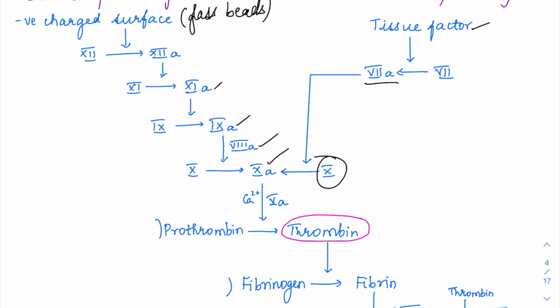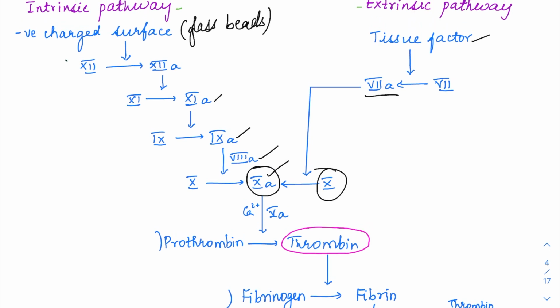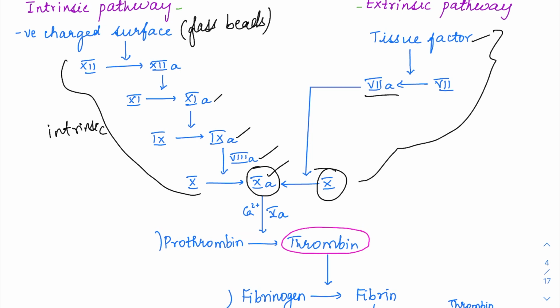So till factor 10A, it is the intrinsic pathway. From factor 12 to factor 10, this is the intrinsic pathway here, while this factor 3 and factor 7 together, till here it is the extrinsic pathway. Together they culminate in the formation of active factor 10, from which we have the common pathway.